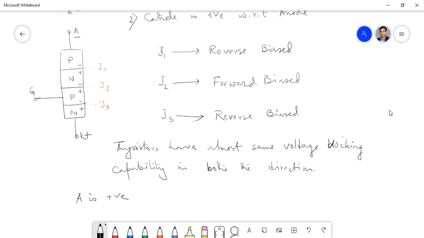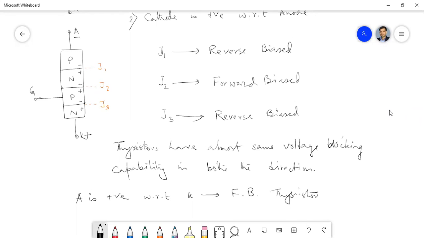I'm asking, what is this condition called? It's called the forward bias, simple forward bias of the thyristor. So this is the forward bias condition of the thyristor.